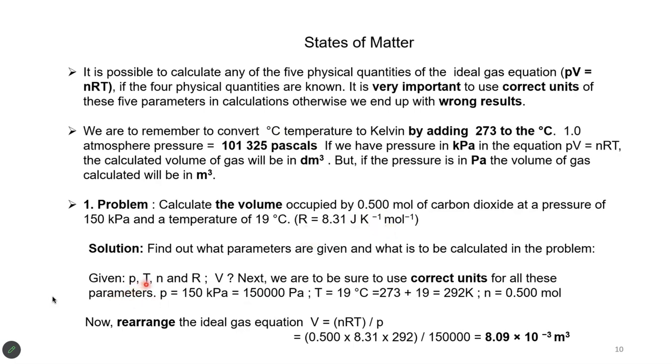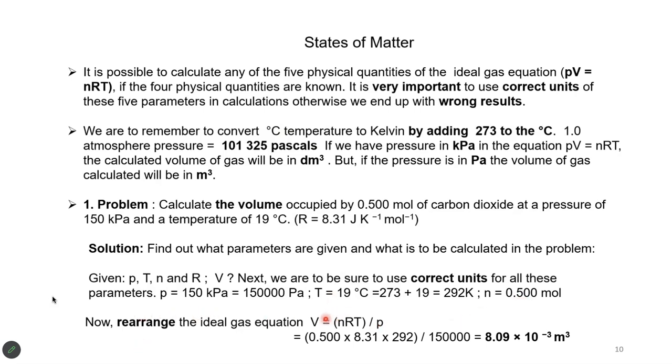So you have to make sure that they are in the correct units. So pressure is 150 kilopascals, meaning 150,000 pascals. Temperature 19 degrees Celsius means 273 plus 19, that is 292 Kelvin. Number of moles is 0.5 mole.